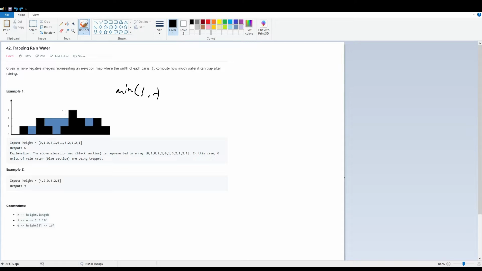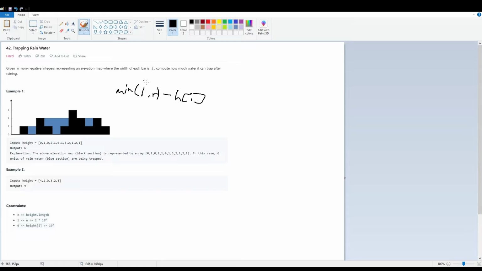So we can see the equation is to get the minimum of the left largest value and the right largest value, and subtract the height at the position we're looking at. So that's basically the equation here.